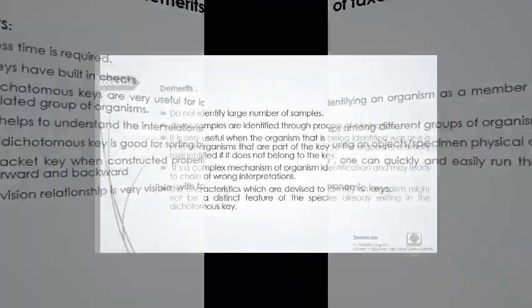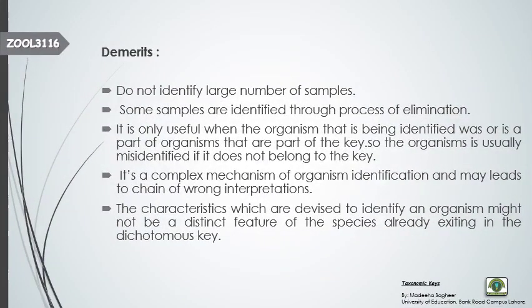But if we talk about the demerits of the keys, then we cannot identify a large number of samples. If we have a large number of samples or specimens, then it would not be very easy to run the key for each specimen one by one, right? Some samples are identified through the process of elimination.